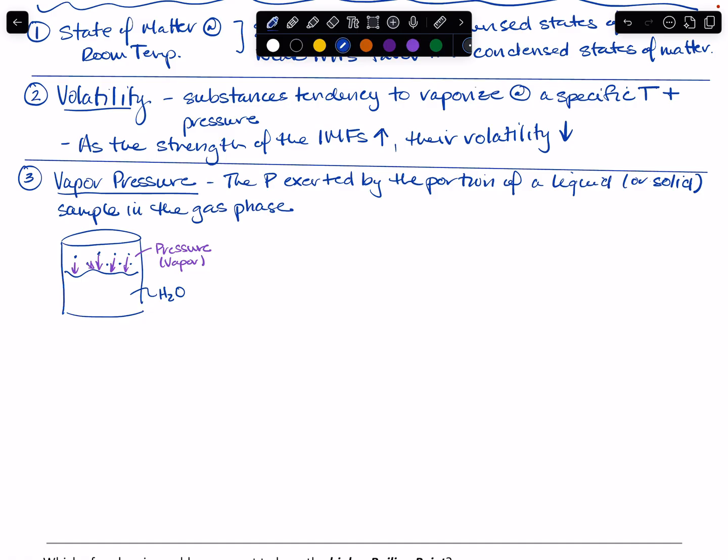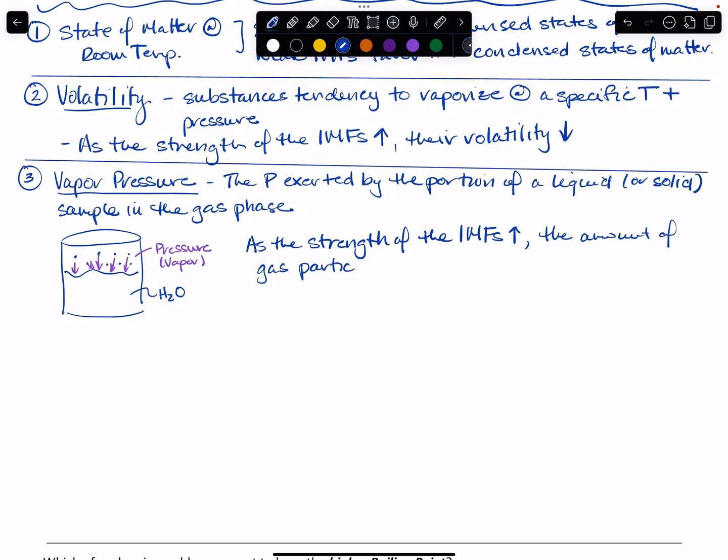So the question then is, how does the intermolecular force influence this vapor pressure? Well, let's think about it. As the strength of the IMFs increases, the amount of gas particles decreases.